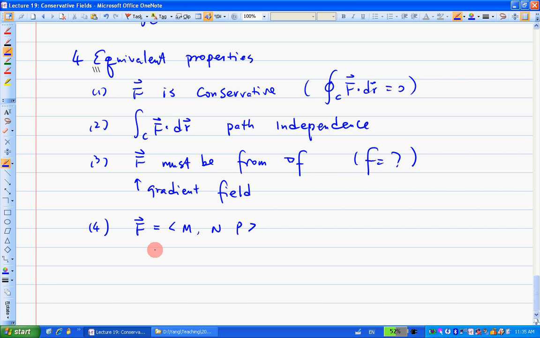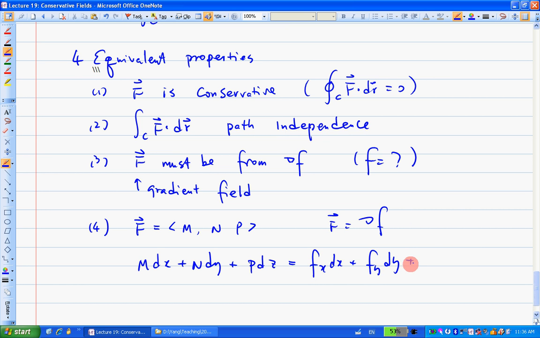Because F is conservative, then I know that this capital F vector equals del f. So when I equate this equal to this, we're going to get M dx plus N dy plus P dz equal to fx dx plus fy dy plus fz dz, which is a total differential.